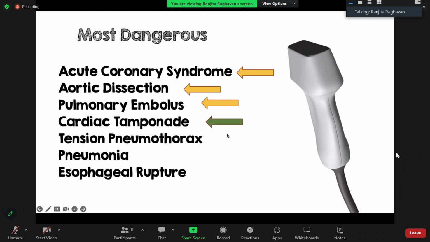Cardiac tamponade, of course, with a pericardial effusion, and then tension pneumothorax, which is even better than a chest x-ray in the right hands. Pneumonia and esophageal rupture are usable too. I'm not sure I've used ultrasound for esophageal rupture actually, but it still could be really helpful if you do have it. And if we want to go into more ultrasound education, we can do some of that in a later lecture.